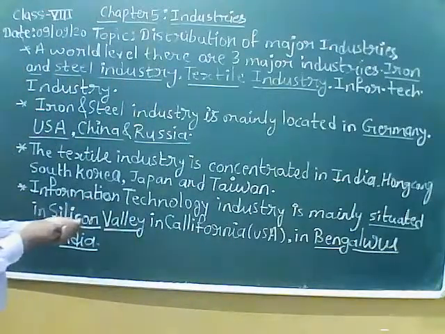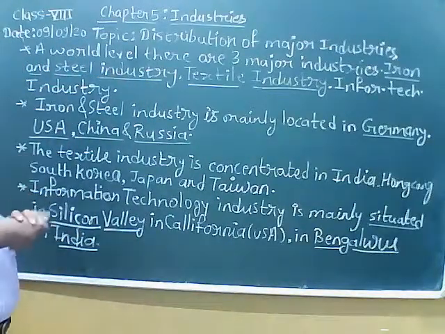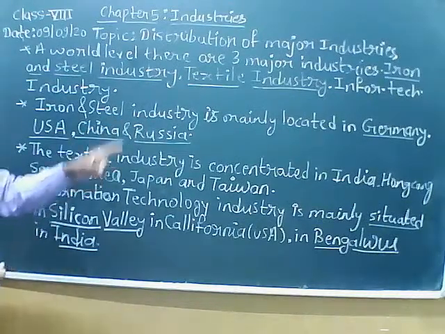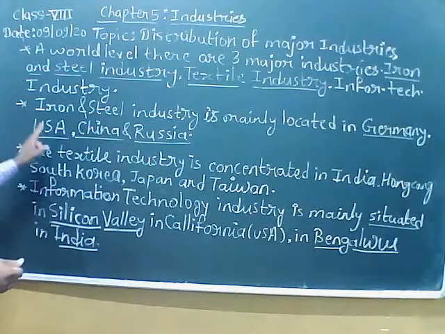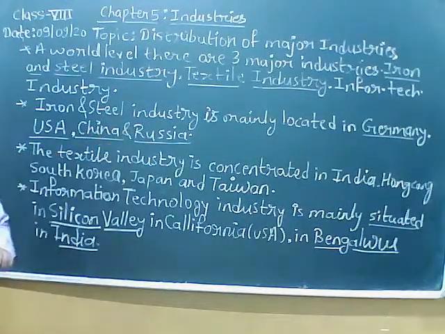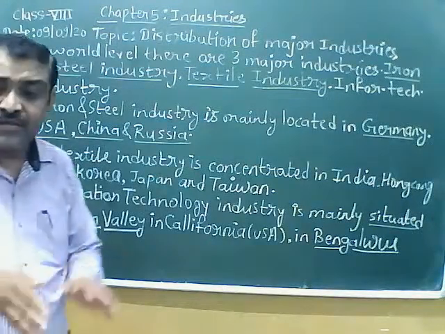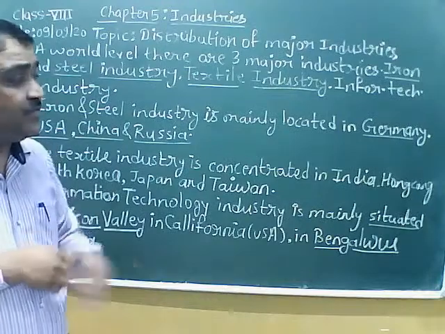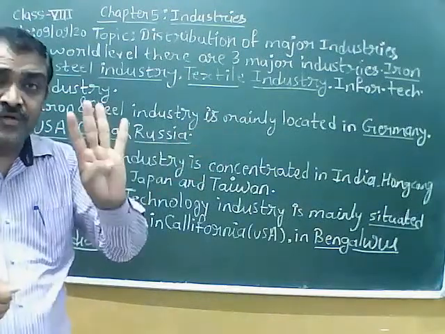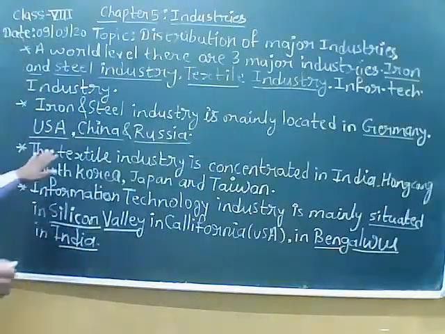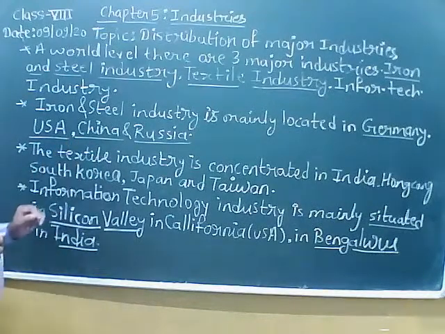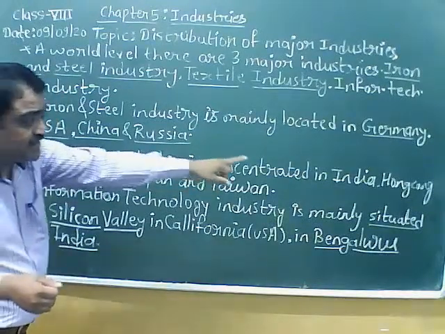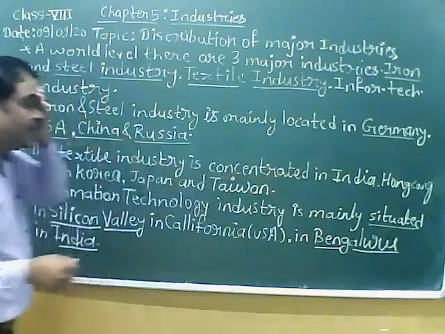Okay. So if we talk about iron and steel industry, then in case of iron and steel industry, it is mainly located in Germany, USA, China and Russia. What does it mean? That most of the production of iron and steel took place in which countries? These four countries. When we discuss about the textile industry, okay. So the textile industry is mainly concentrated in India, Hong Kong.